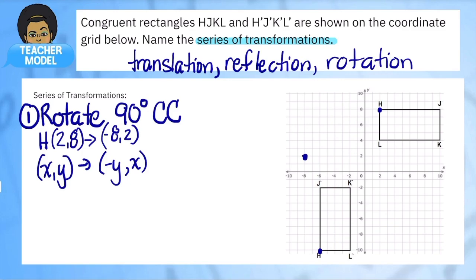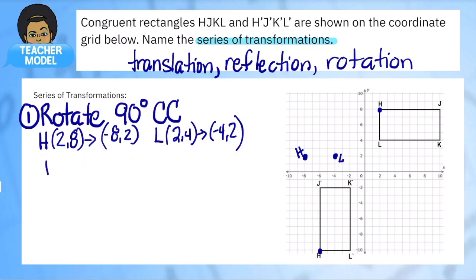So that's going to be my first new H. All right, and then I know L is going to go from (2, 4) to (-4, 2). So (-4, 2). Here's L.